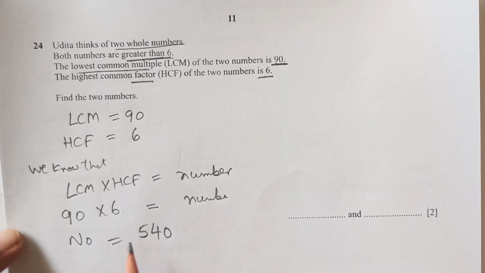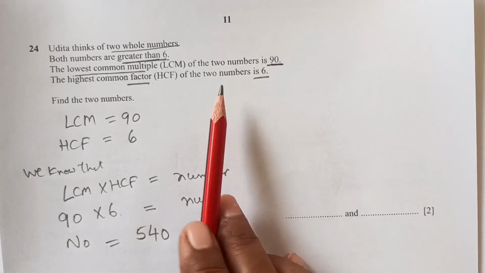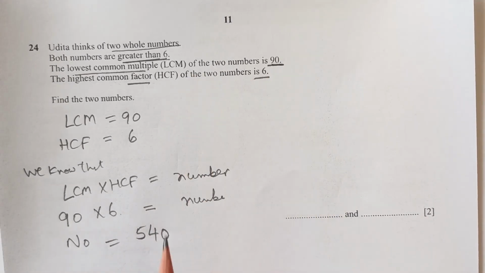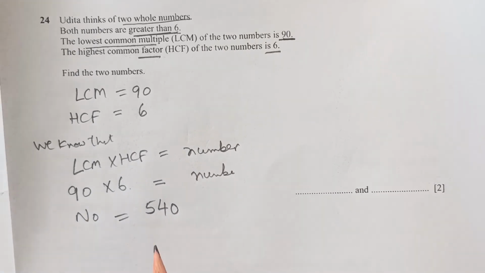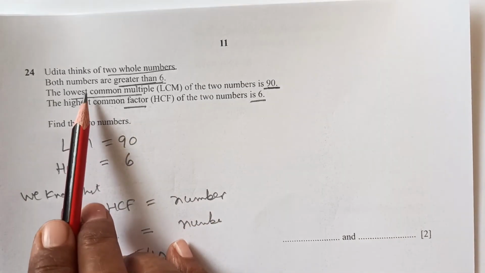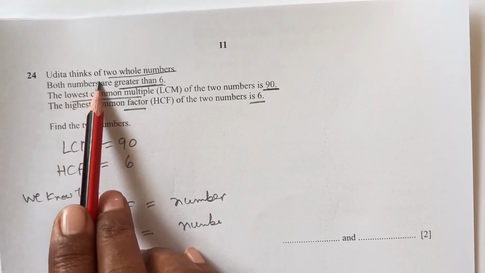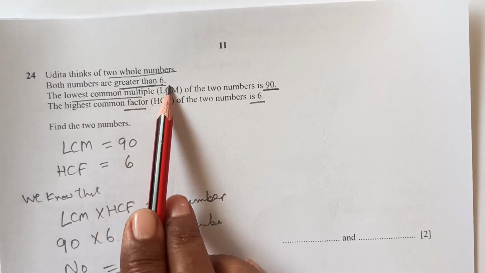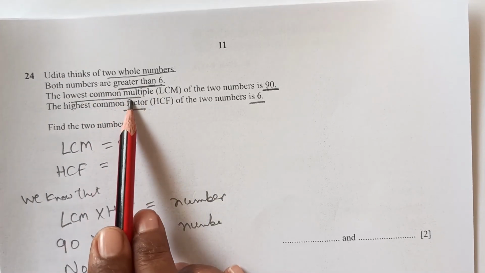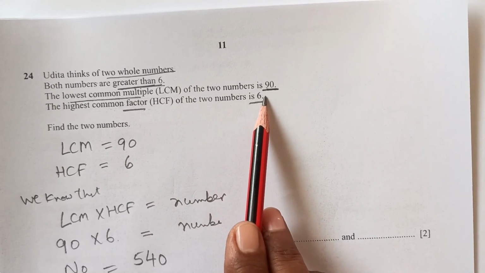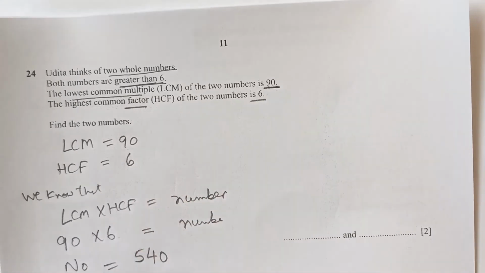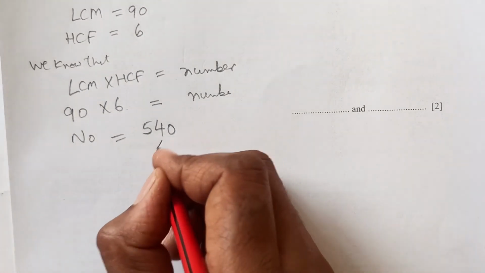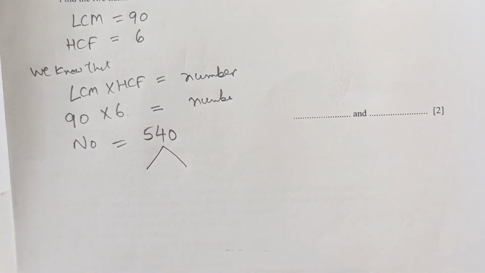That is the product of the numbers whose LCM is 90 and HCF is 6. Now we need two numbers, two factors of this actually.